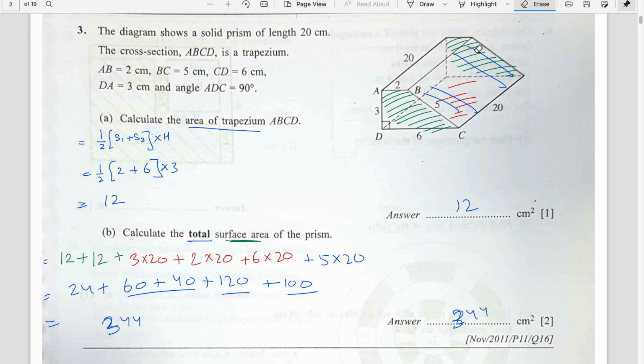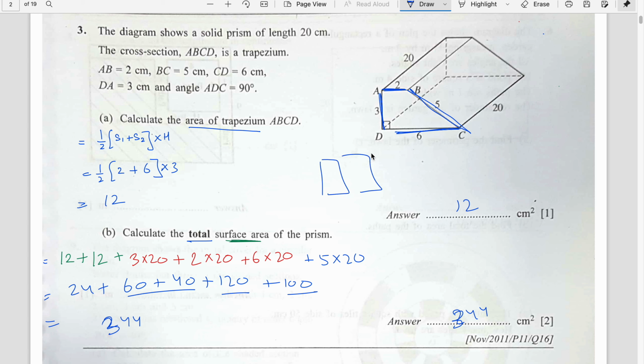Second way, what it could have been, if I take all these lengths first: 2, then 5, then 6, then 3. I'm imagining that I've opened all these. This is 2, 5, 6 and 20. It is into 20 all the time.